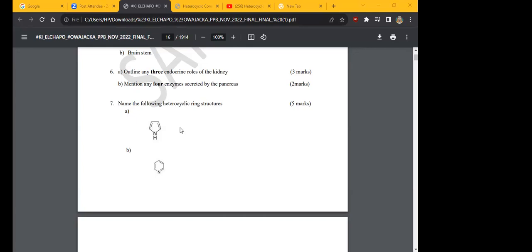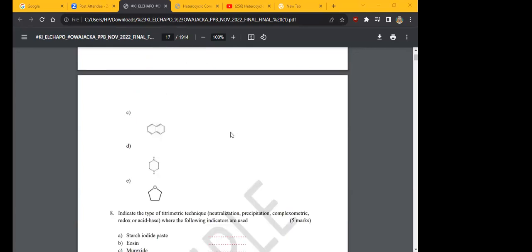The second one, pyridine. Pyridine, yeah. Then the third one, we literally just saw it. Naphthalene. Naphthalene, yes, correct.